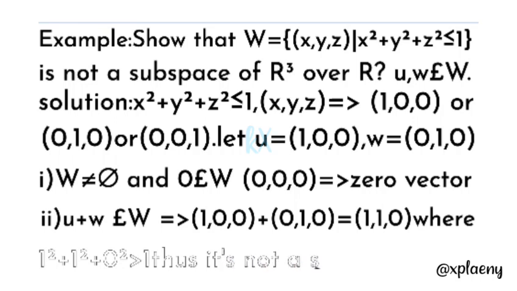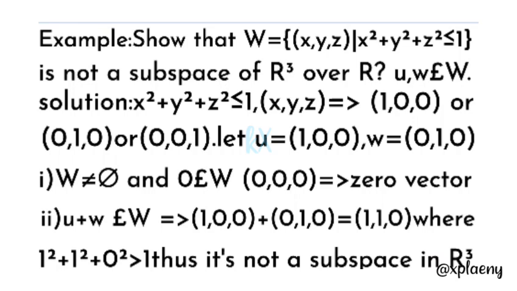So the second one now is to see if it is closed under vector addition, which is u, v in W. When we add this u and our v, we notice that we have 1, 1, 0. Here, when you square this, it becomes 2, and 2 is greater than 1.